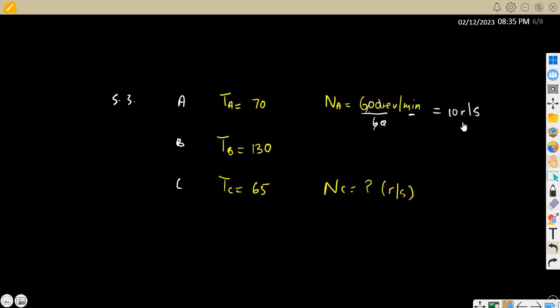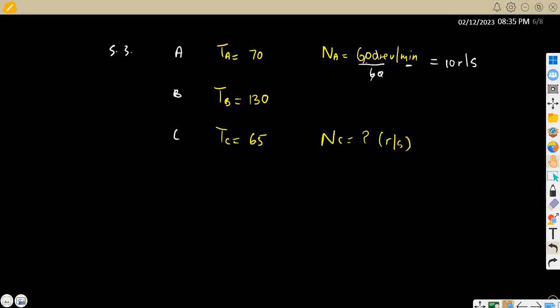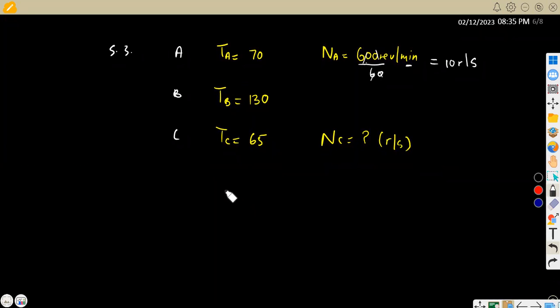The number of teeth for A times the rotational frequency for A must be equal to TB times the rotational frequency for B, which is equal to TC times the rotational frequency for C. Since we are focusing on C, we choose the ones with all the values.